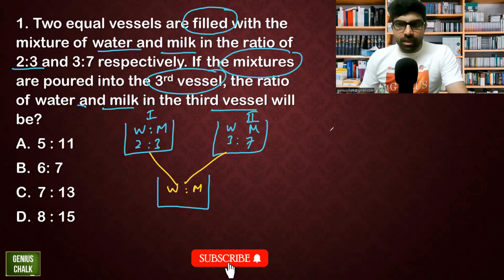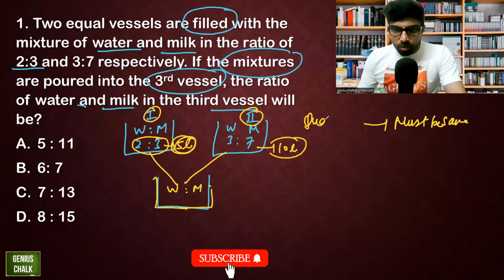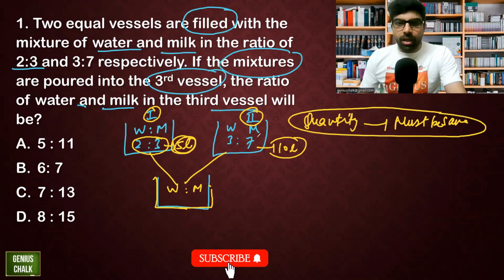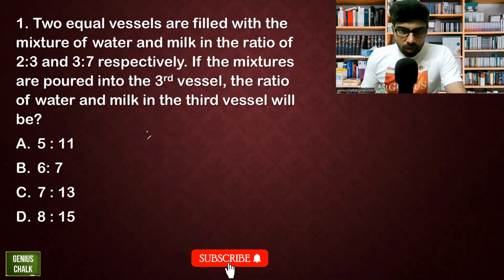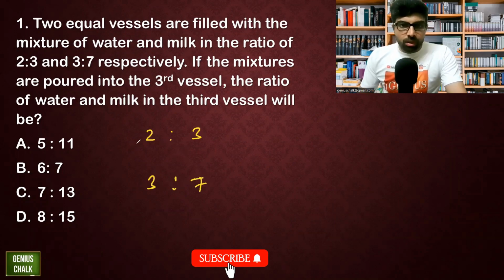So what we do in this case: if we want to mix vessel 1 with vessel 2, the first thing is to make the quantity the same. In the first, the ratio is 2:3. In the second, the ratio is 3:7.